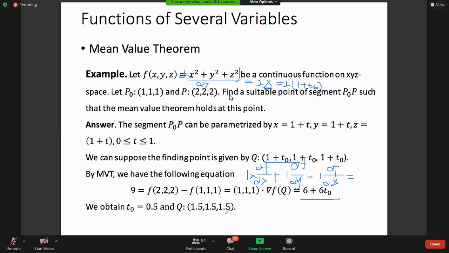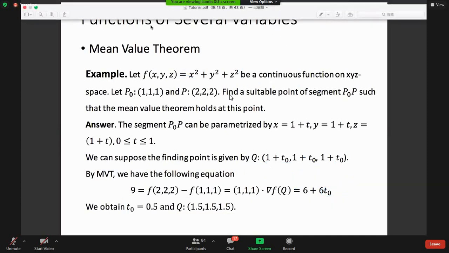Now, according to this equation, we can calculate t0. And after t0 is decided, we find out the point Q, right? It should be like that. Good. And the question? Let me check.